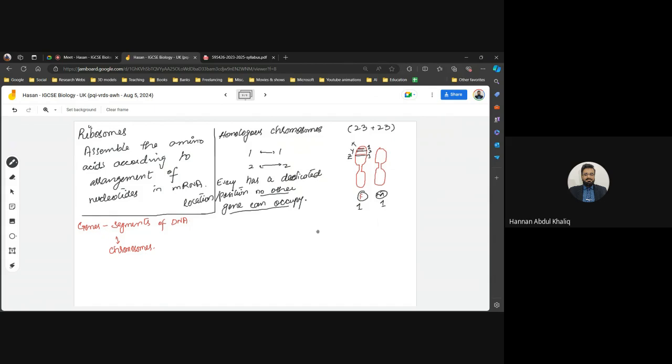That is why the location of a gene on a particular chromosome is called a locus.